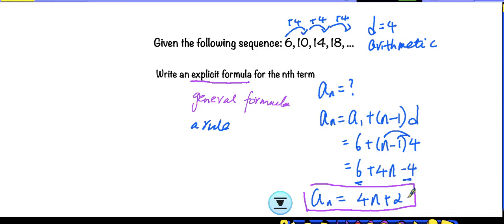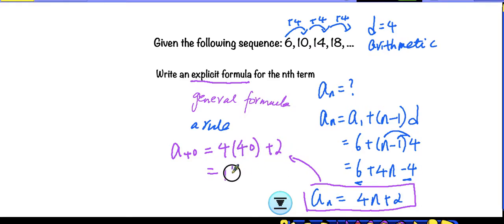Once I know that, now I'm going to say, hey, can you help me to find A40? Then I can just totally use this formula to do it. So this formula says 4n plus 2. Since n is 40, the 40th term, I just put n as 40.